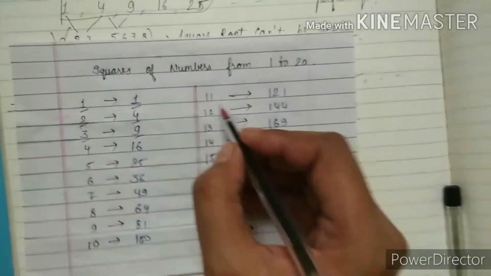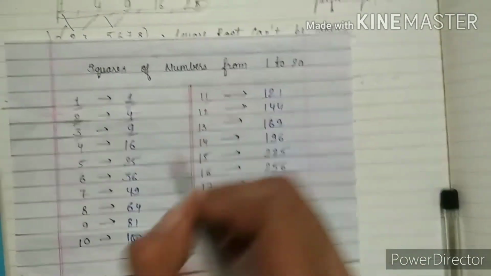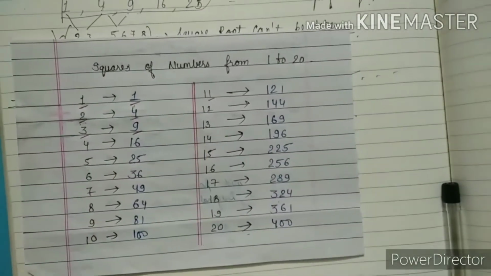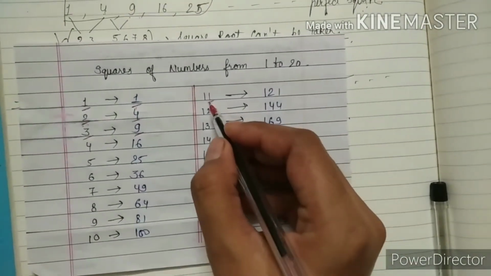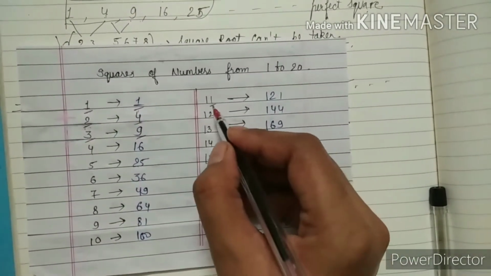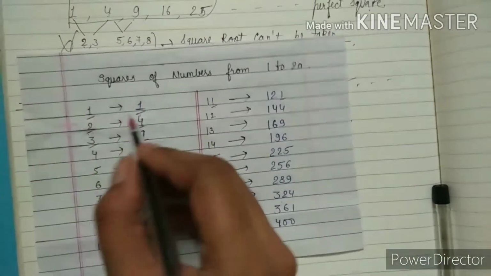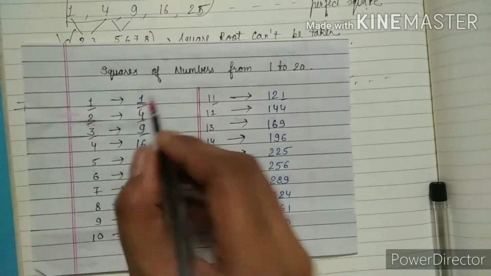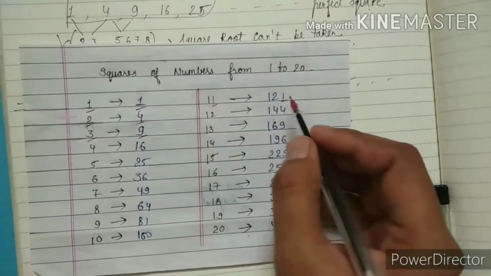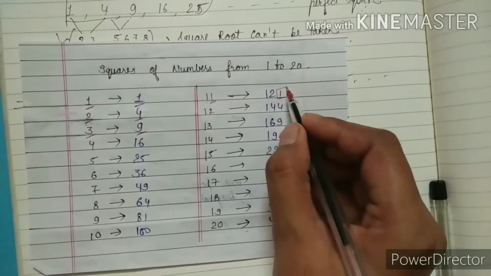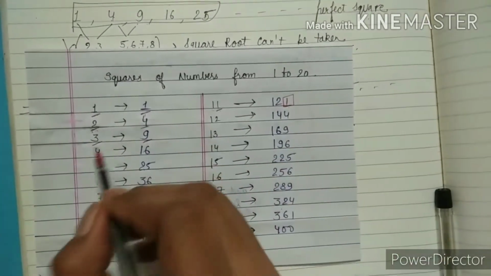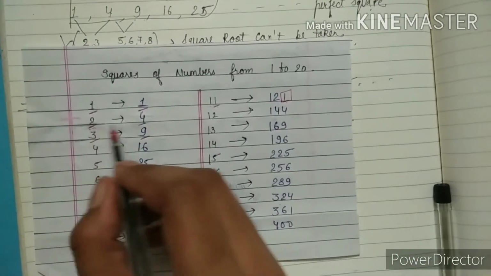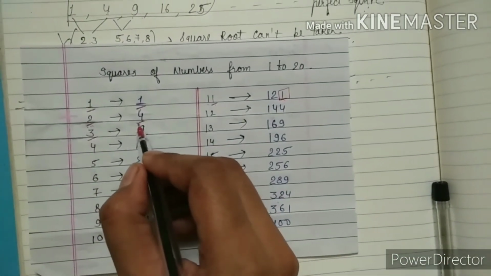Here 11 has unit place 1, so its square's unit place also comes as 1. 1 square has unit place 1, and 11 square also has unit place 1. Same as the square of 2 has unit place 4.